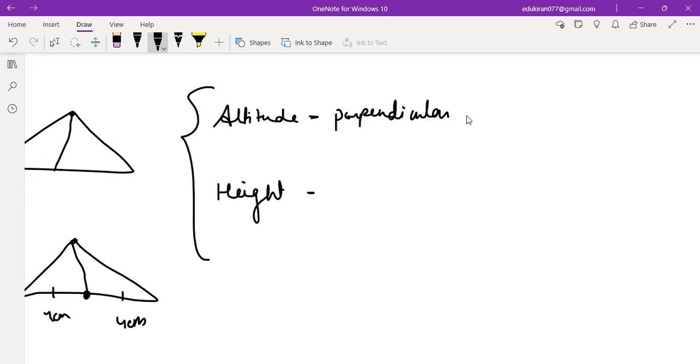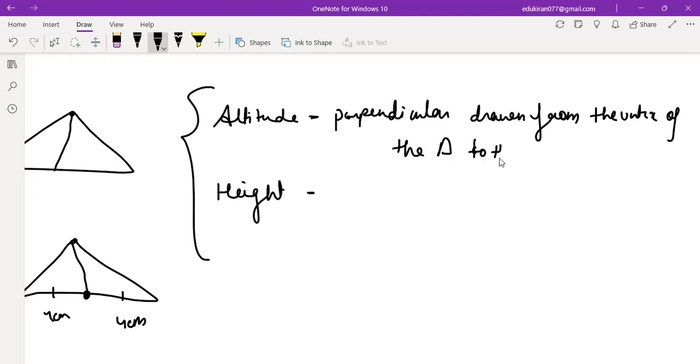So it is a perpendicular drawn from the vertex of the triangle to the opposite side. And for height, you have already done this.